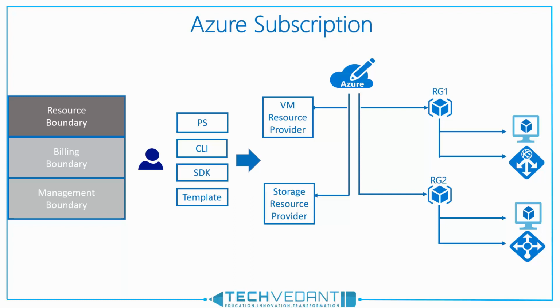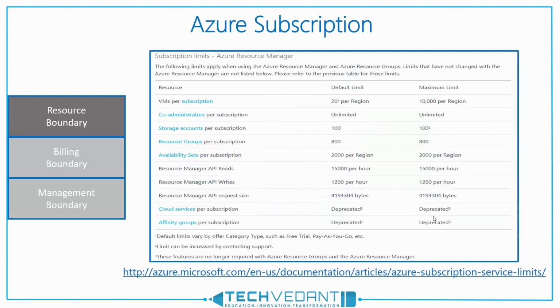Also, Azure subscription becomes the top level container and parent object for all the resources we deploy and manage within it. We need to at least have one subscription to begin provisioning operation, and this provisioning operation would deploy resources within Azure subscription. The last aspect of Azure subscription resource boundary is subscription threshold limits.